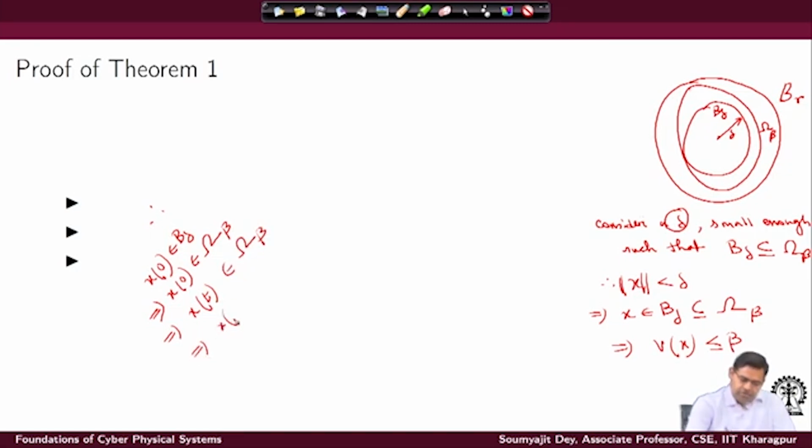That means in future x is bounded to be inside this outer circle B r.